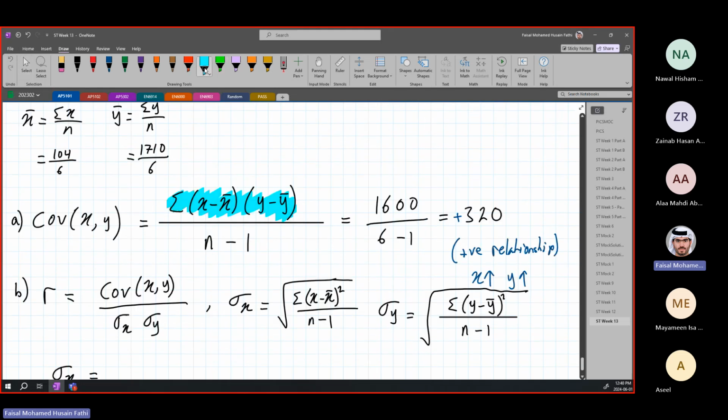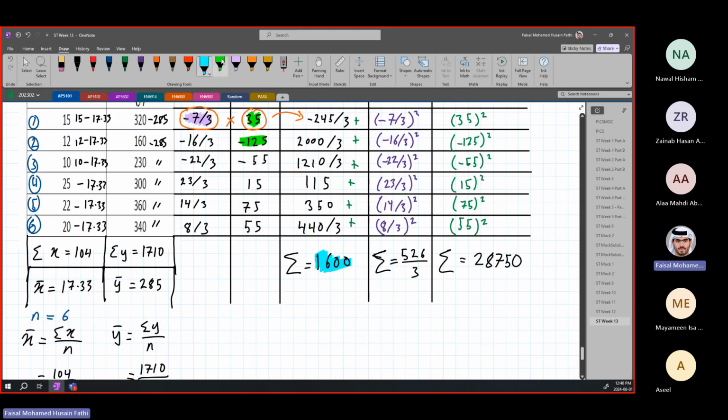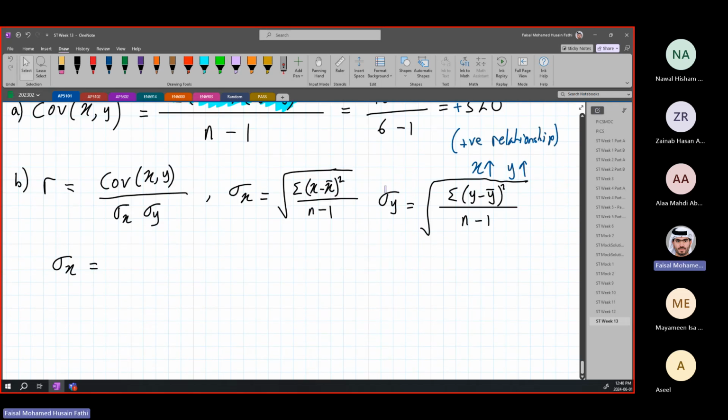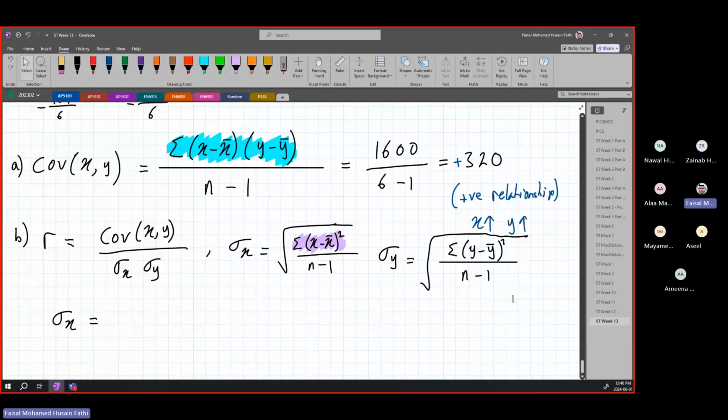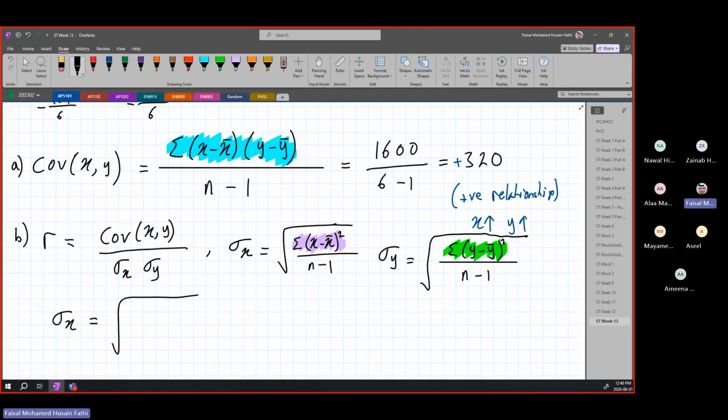So again, just so you understand, this value over here is equal to this summation, all of it up here, and the same thing for this value over here, 28750, it is going to be the summation over here. So we can plug it in to find sigma x.